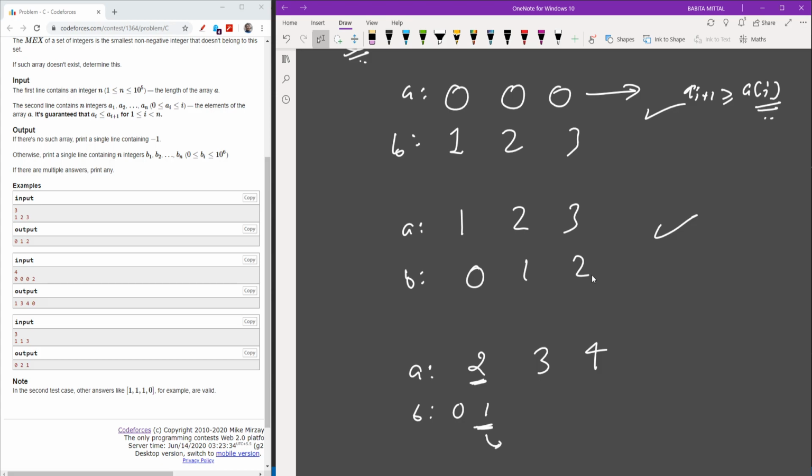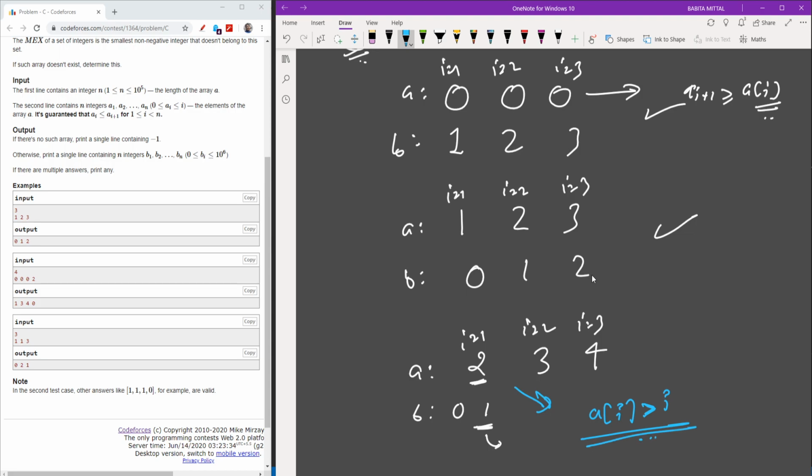So I am not able to write here. So it clearly states that at any point, if my A of I becomes more than I, understanding? I will not be able to make my sequence.